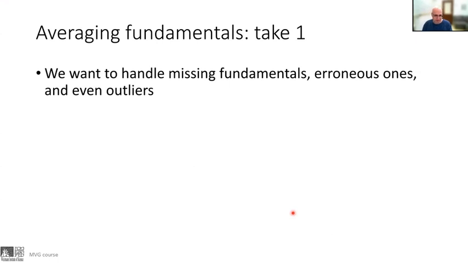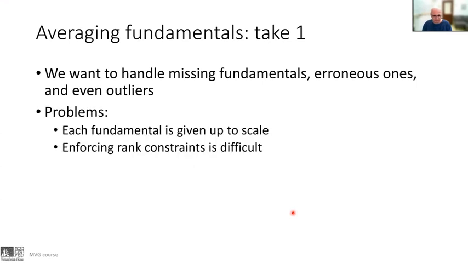We want, in an averaging algorithm, to handle missing fundamentals, erroneous ones, and even maybe outliers. The problem is that first enforcing rank constraints is itself difficult, but also that every fundamental matrix is only given up to scale, and we don't know the consistent set of scales.